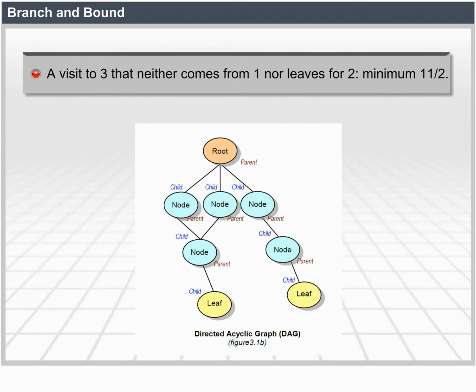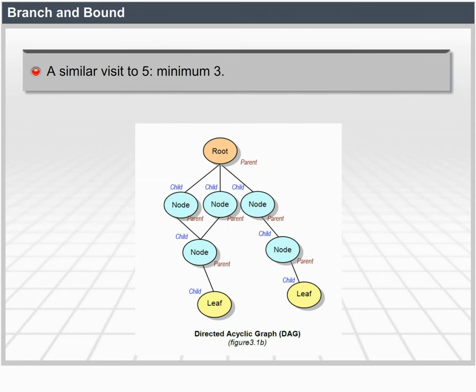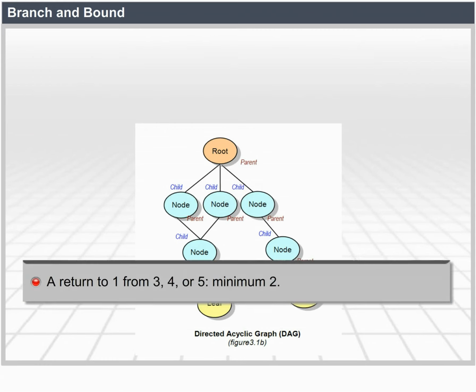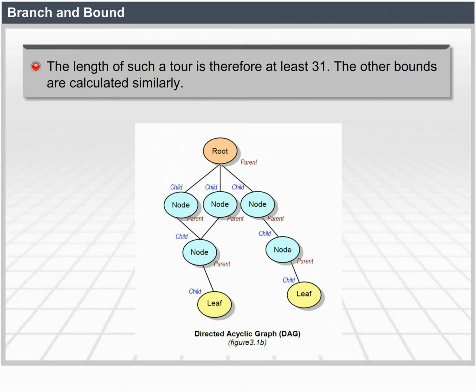A visit to 3 that neither comes from 1 nor leaves for 2, minimum 11 by 2. A similar visit to 4, minimum 3. A similar visit to 5, minimum 3. A return to 1 from 3, 4 or 5, minimum 2. The length of such a tour is therefore at least 31. The other bounds are calculated similarly.